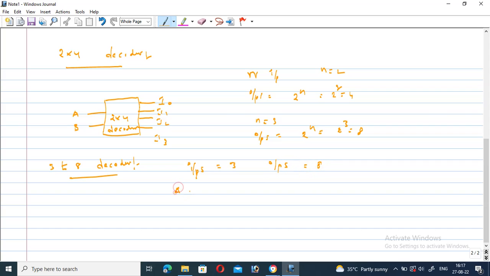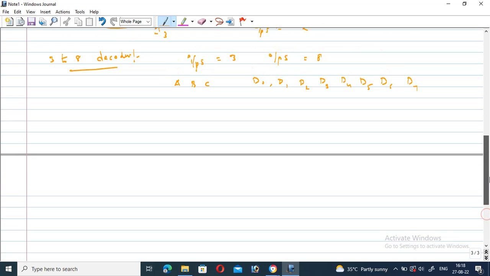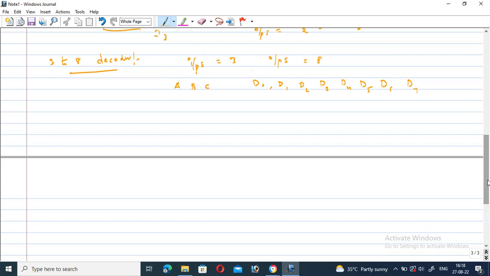For inputs A, B, C, the outputs are D0, D1, D2, D3, D4, D5, D6 to D7. These are the possible outputs for a 3 to 8 decoder.